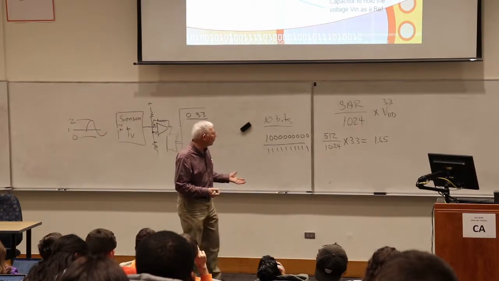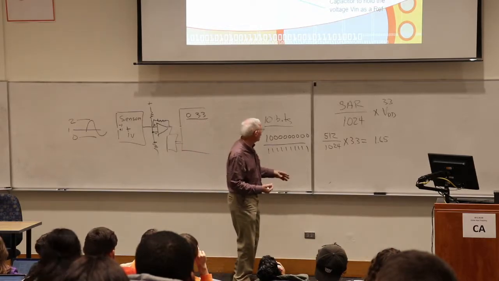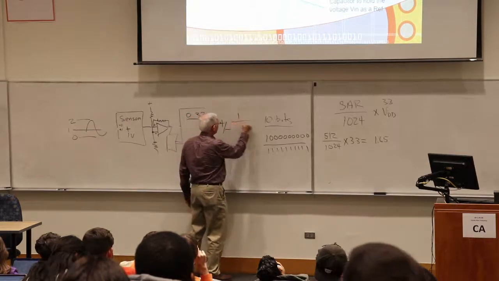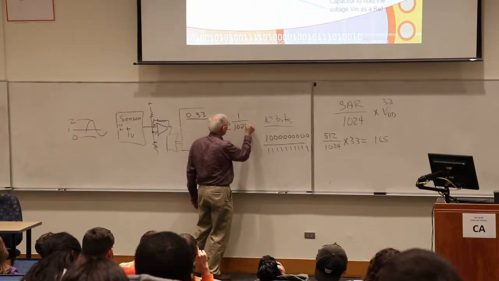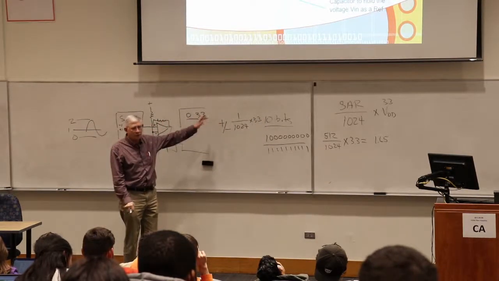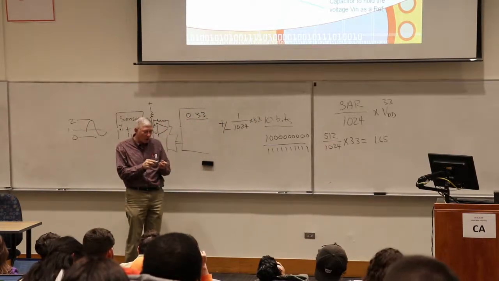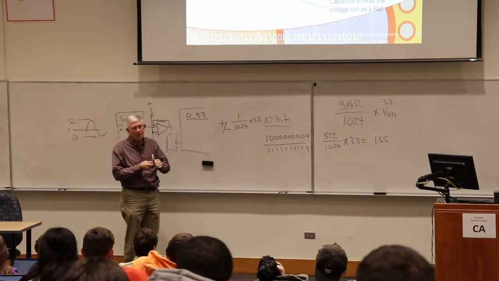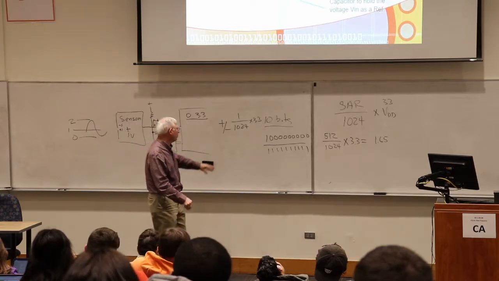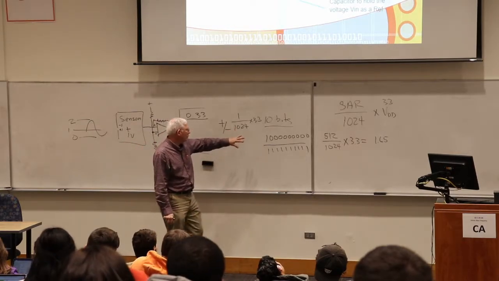So what's the accuracy? Well, the accuracy is plus or minus 1/1024 times 3.3 volts. That's my accuracy. And now, assuming there's no noise in the system and everything is working just like it should. Usually there is a little noise, so you probably have a little jitter, but it's close.